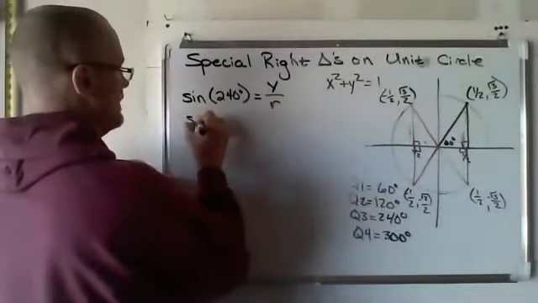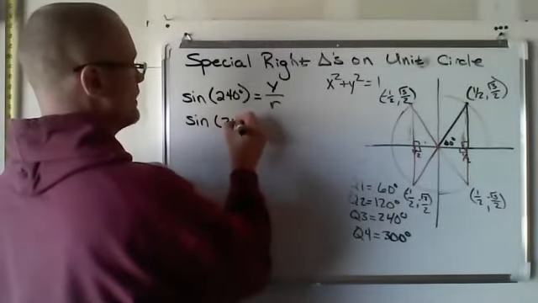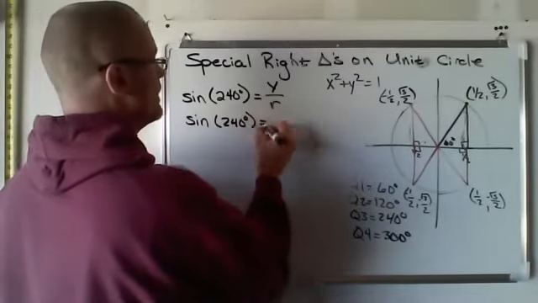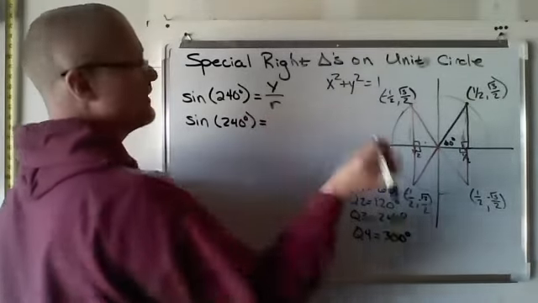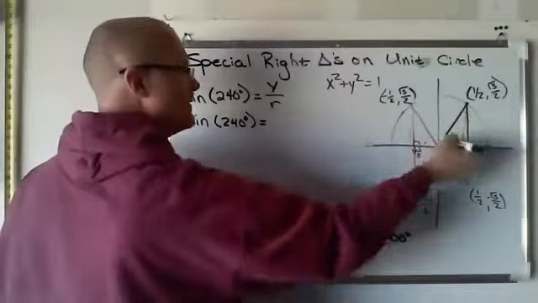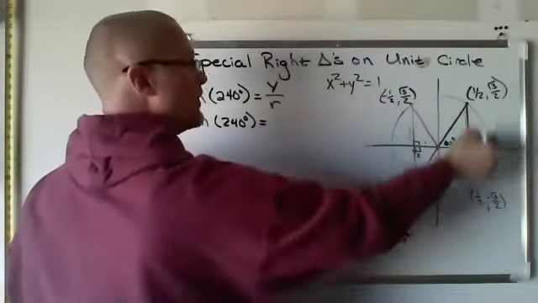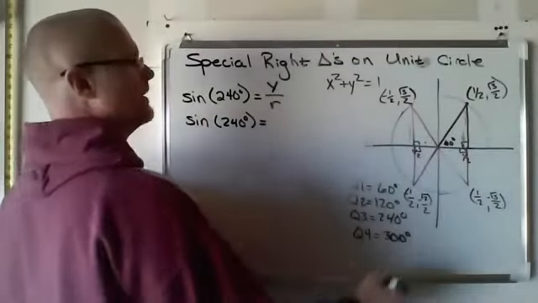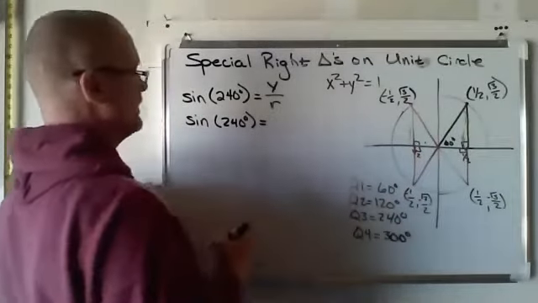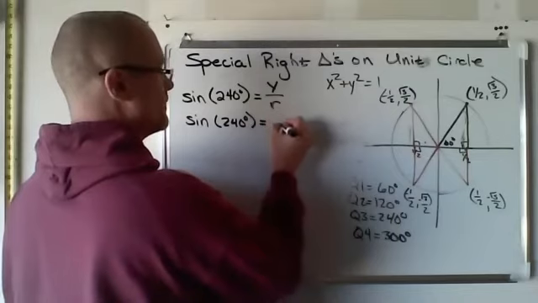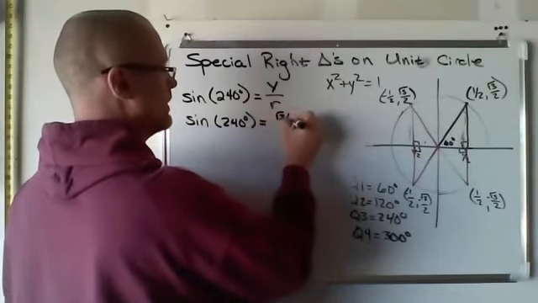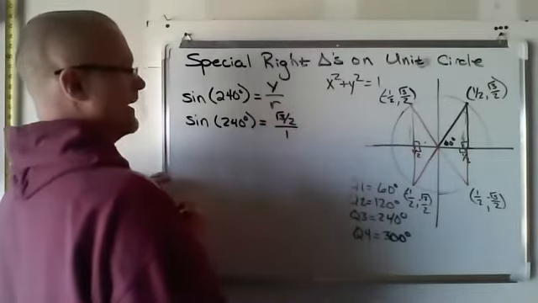So the sine of 240 degrees is going to be related to the sine of 60 degrees, because 240 and 60 make the same triangle. And I know that the vertical leg of a 60-degree family triangle is going to be square root of 3 over 2, and if I'm on the unit circle, that's over 1.